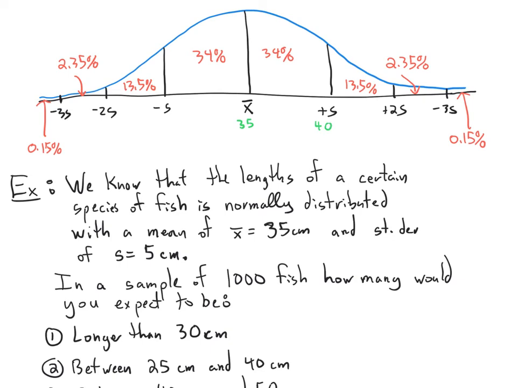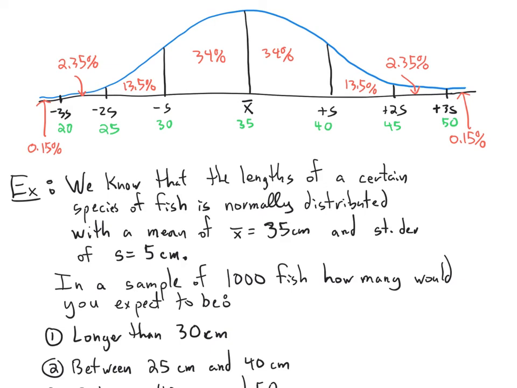If we add another standard deviation, so 2 standard deviations to the mean, we get 45. This one will be 50 centimeters. That should be a plus, actually. My mistake. That's plus 3 standard deviations, of course. And down here, if we subtract a standard deviation from the mean, we get 30. This is 25, subtracting another one, so 2 in total. And subtracting 3, we get 20. Okay.